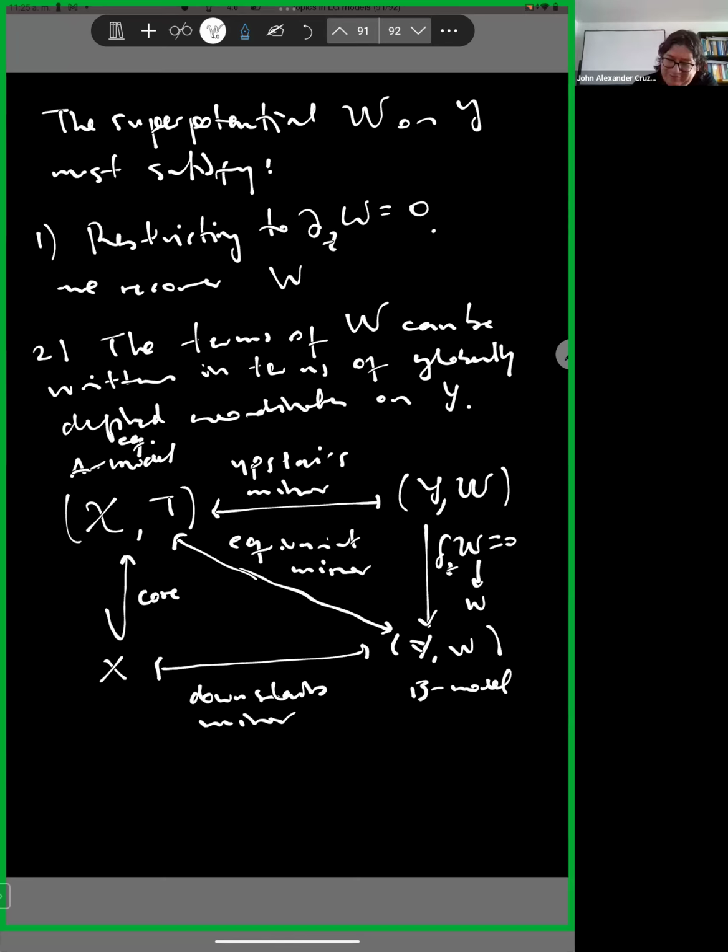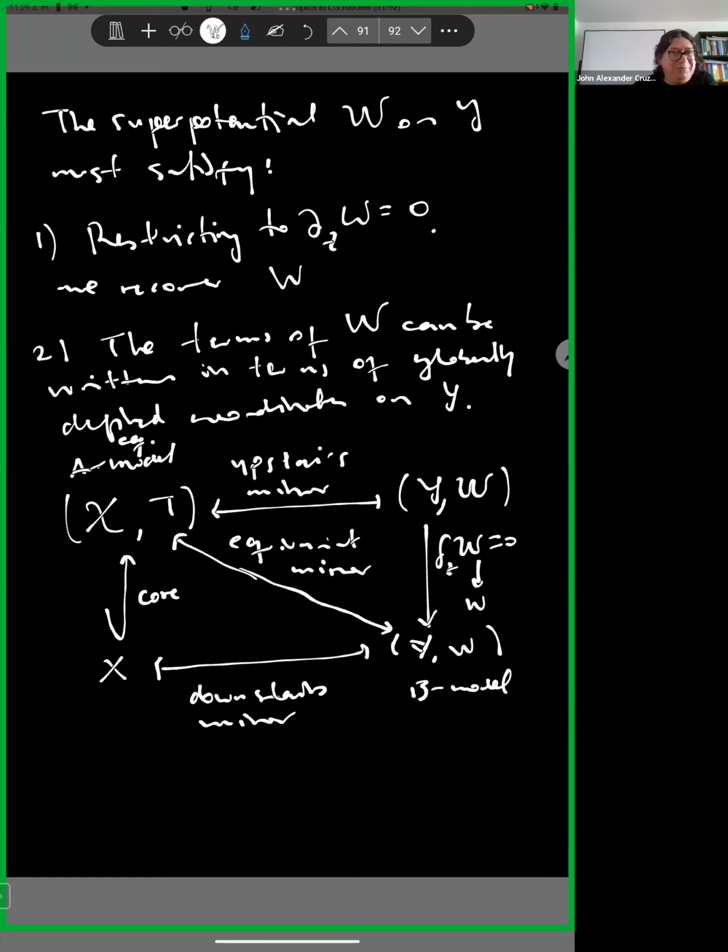Somehow, this W actually has twisted masses that correspond to the equivariant parameters of this action. But if you look at X, it's actually a usual Landau-Ginzburg mirror of X. Because X is the core of this thing, somehow X knows some information about the torus action. But if you look downstairs, this is a usual Landau-Ginzburg model.